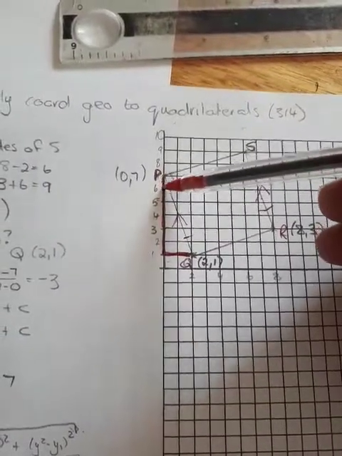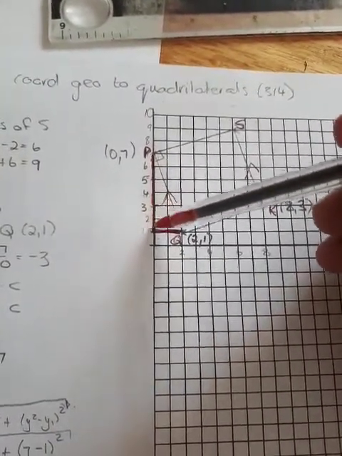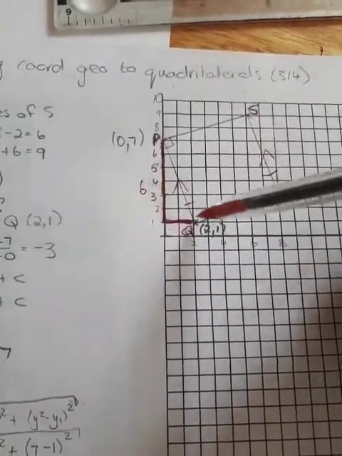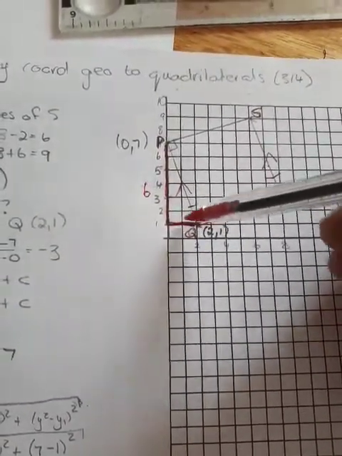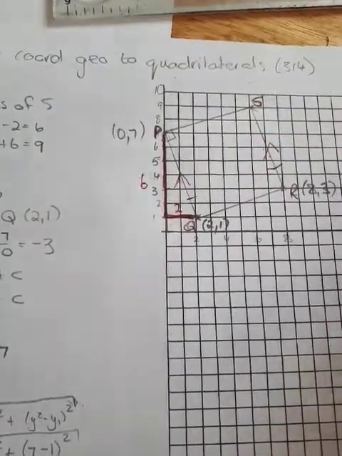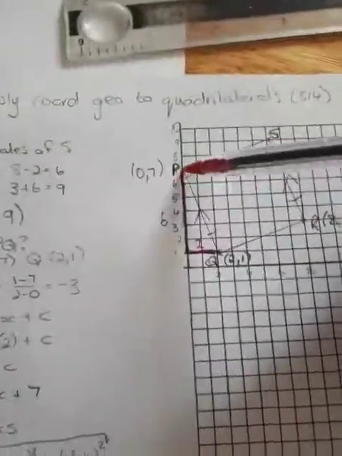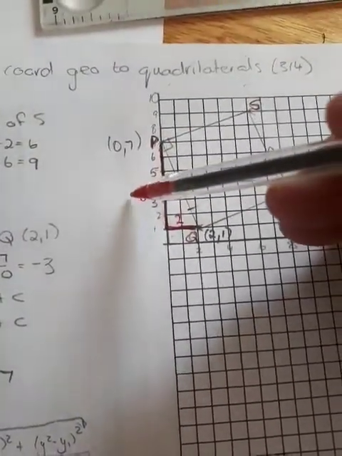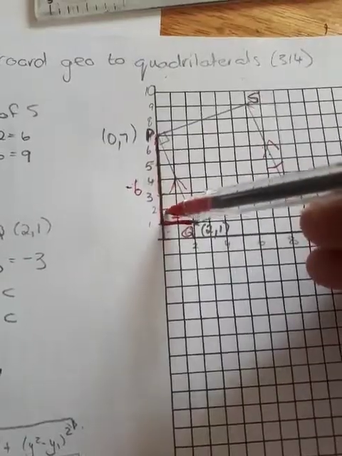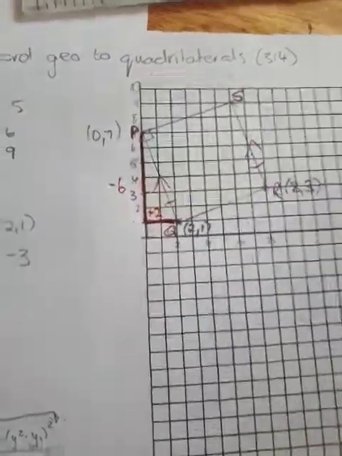From here, it's 1, 2, 3, 4, 5, 6. It is 6 units. And then from here to Q, it is 2 units.